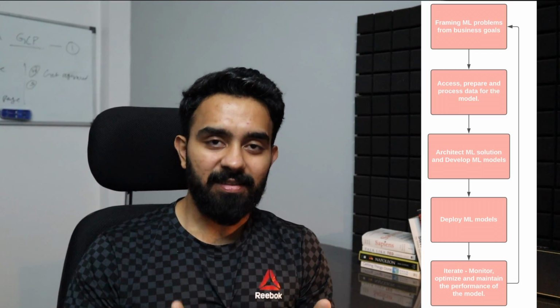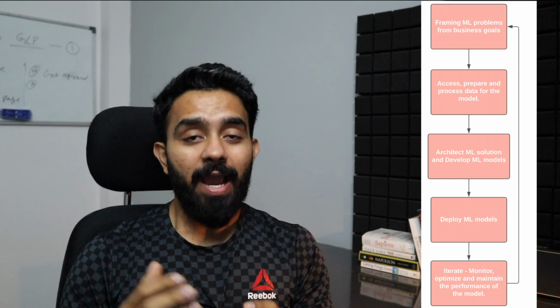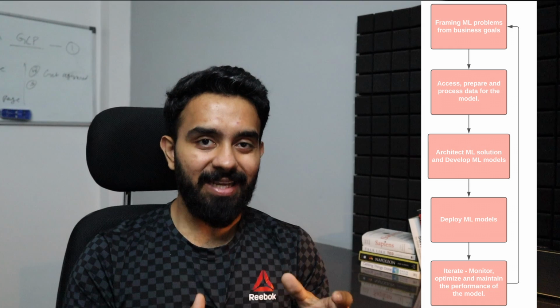Now let's talk about the major phases or the major stages involved in MLOps or the machine learning lifecycle. And another way to look at this section is what all skills should a machine learning engineer have. So first of all, you should know how to frame machine learning problems from the business objectives. So that is a very important skill. Often you would be given business objectives with certain key performance indicators that also drive the monitoring process once your model is deployed.